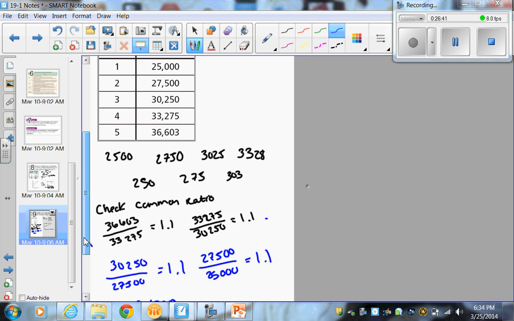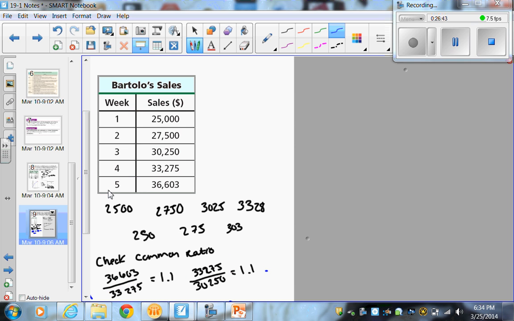So now in my calculator, I'm going to type the weeks into L1, the sales into L2, but now I'm going to calculate under stat. I'm going to hit option 0, which says exponential regression.